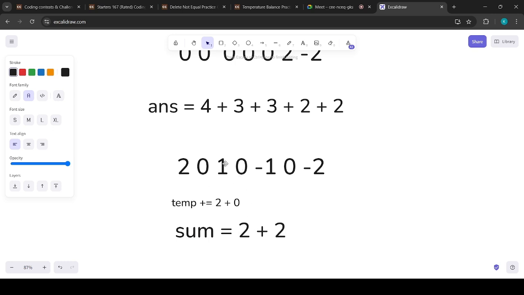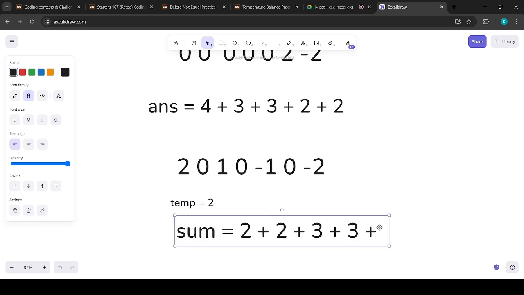So I am adding this temp to my sum. After that, temp will become 3. So I have added this 3. After that, temp will not change. It will remain 3. So at -1, it will decrease by 1. So it will become 2.